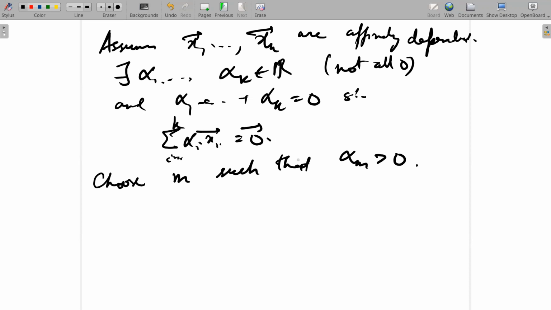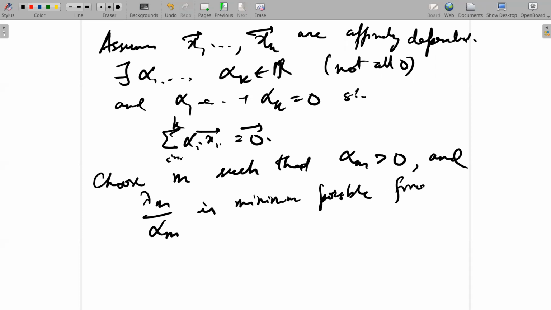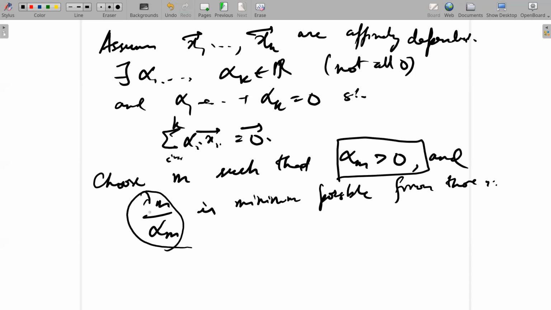So choose m such that alpha m is bigger than 0, and lambda m over alpha m is minimum possible among those m's. You identified all those non-zero coefficients, and from amongst those, you compute lambda m over alpha m. This is well defined because alpha m is not 0. So you make sure that lambda m over alpha m is the minimum such.